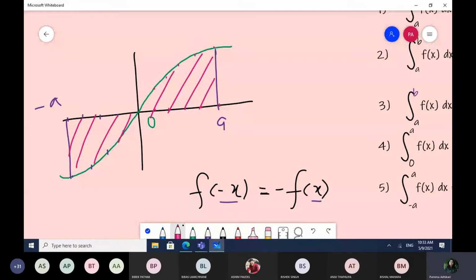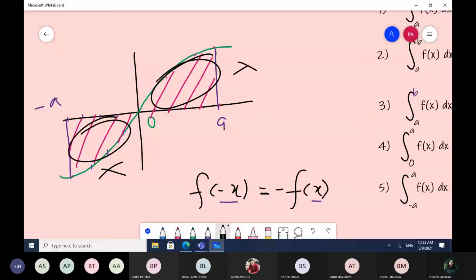You see, you are going to have equal area, but with opposite sign, isn't it? So this area gets cancelled out with this area, and you will finally get 0 as a result. So is this exactly the correct result? Do you actually have 0?